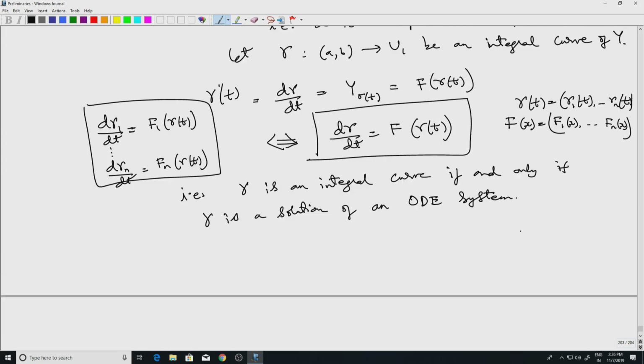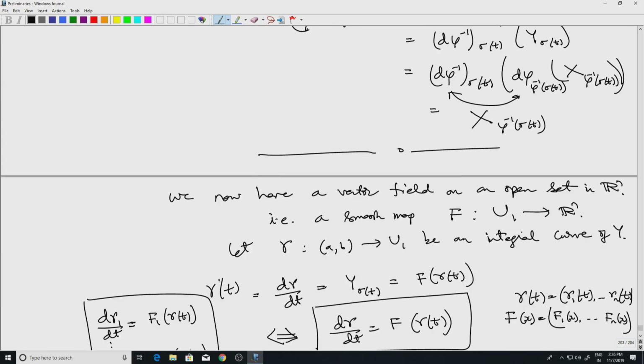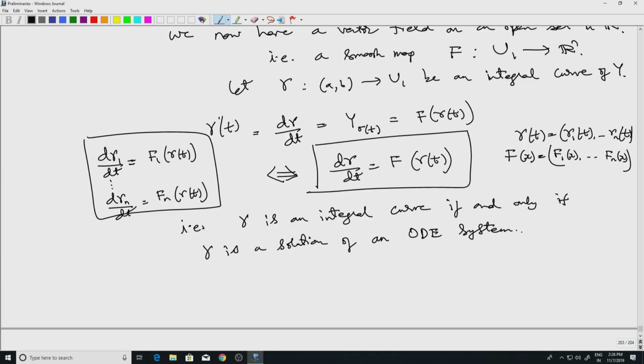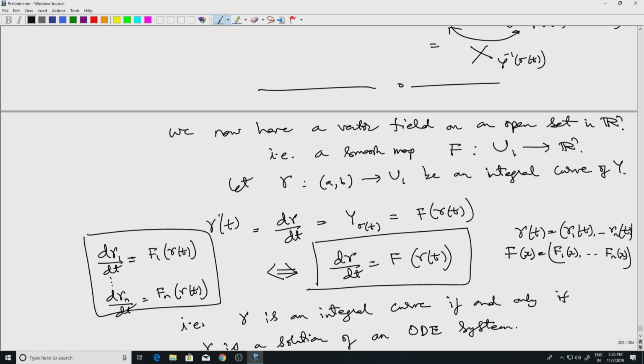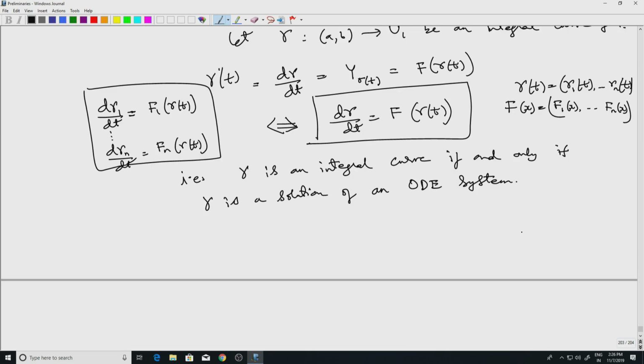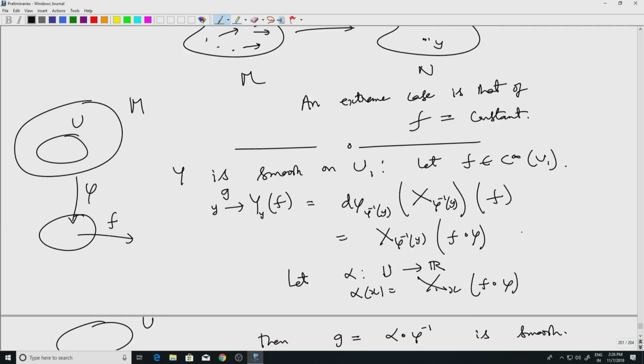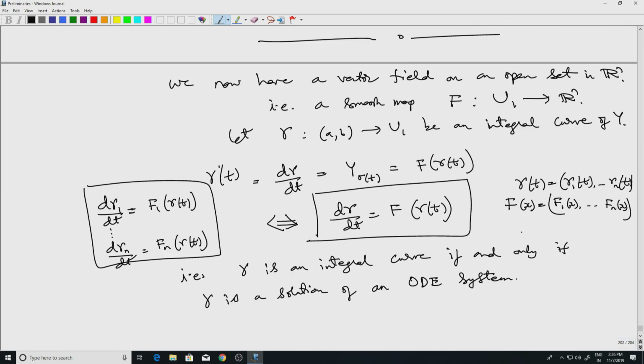So what we have done is reduce the problem of existence of integral curves to the existence of solutions to ODEs. I omitted the starting point, but we can retain that.